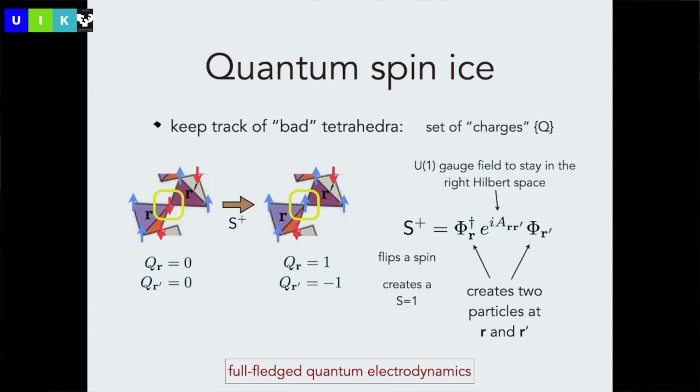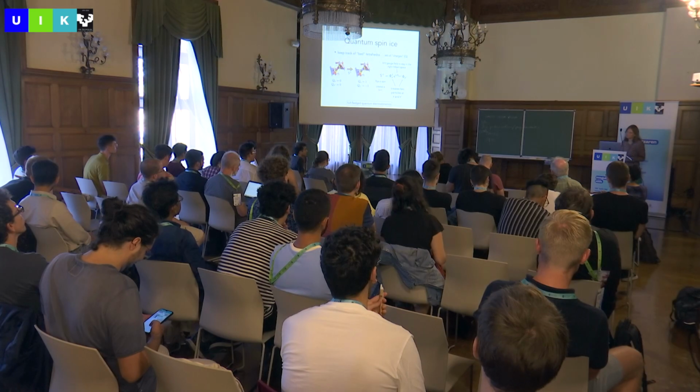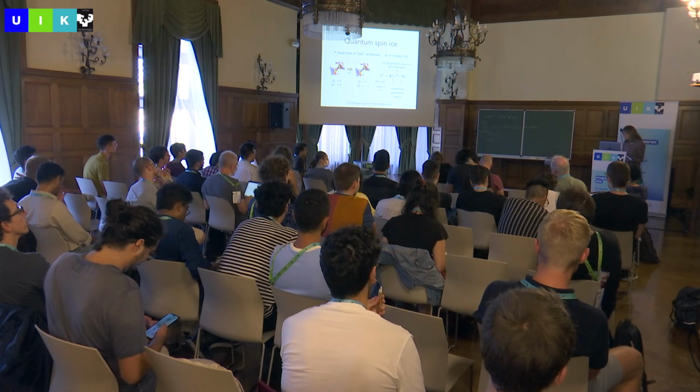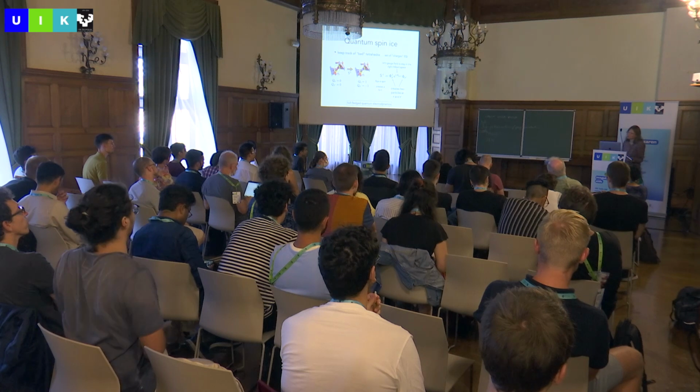And if you do an expansion in this small a, so in small b that will emerge from perturbation theory, you actually get a Hamiltonian which takes the form of E squared plus B squared. Okay, and so you have the same degrees of freedom. That's the Hamiltonian of electrodynamics without matter.